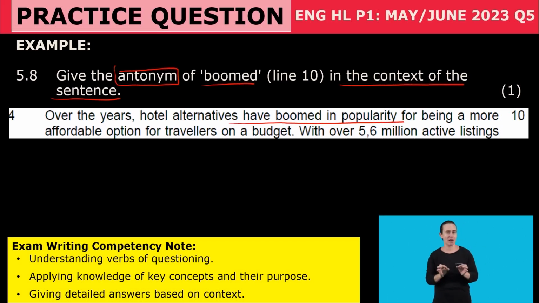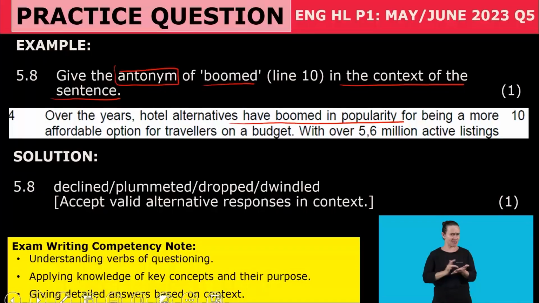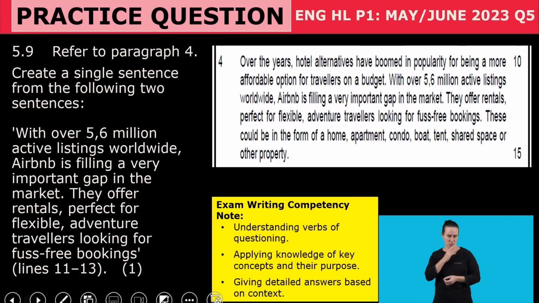So immediately I know boomed means to grow, so I try to find an antonym that means the opposite of that in the context of the sentence. So hotel alternatives have declined in popularity, plummeted in popularity, dropped or dwindled. Any one of these, all valid alternatives would be accepted.